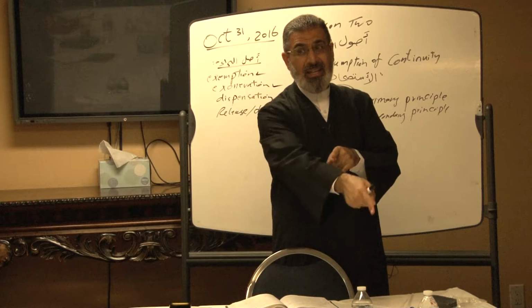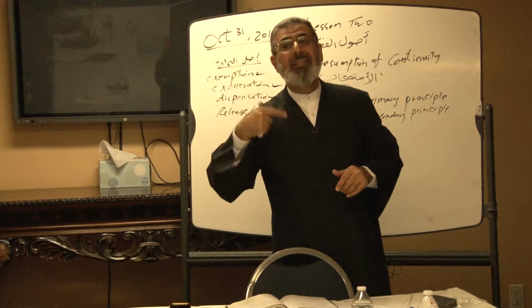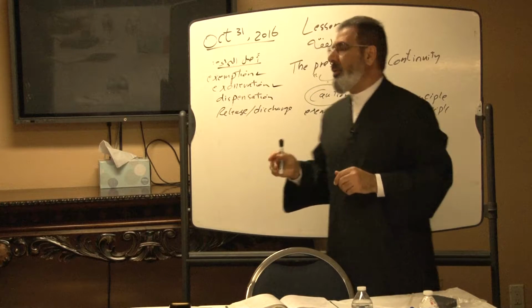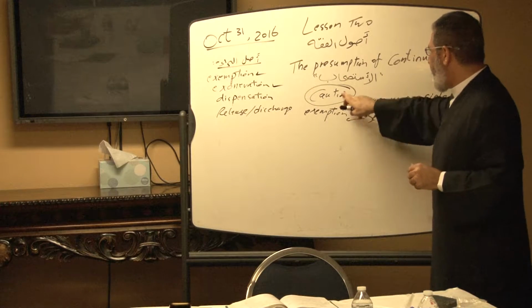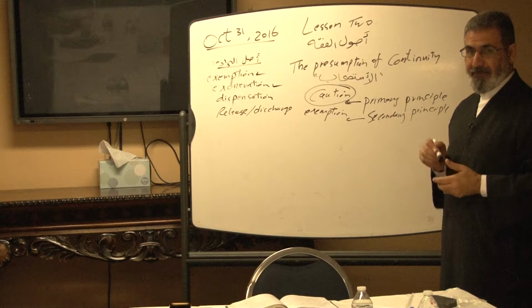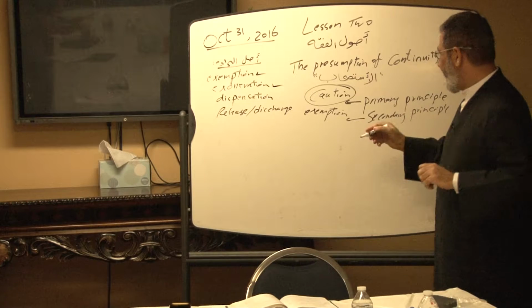Part of it is detailed. The other part is what? Initial knowledge. We treat it as initial knowledge. And with the initial knowledge, which principle applies to it? This one or that one? Caution? Actually, it's initial doubt, so it should be exemption. Exemption.